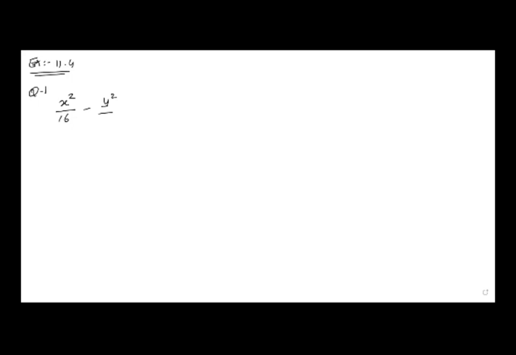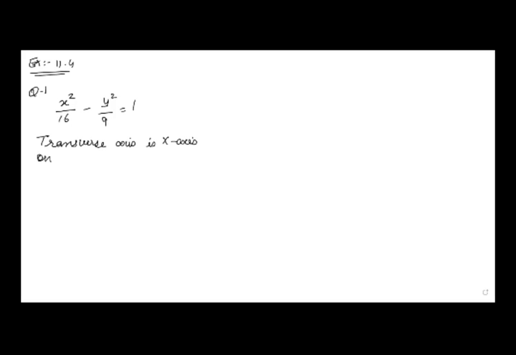Here the coefficient of x or y will be negative, which will tell me the transverse axis. As you can see, here the coefficient of y square is negative, so I will write transverse axis is x-axis, and I will recall all the formulas related to transverse axis as x-axis.